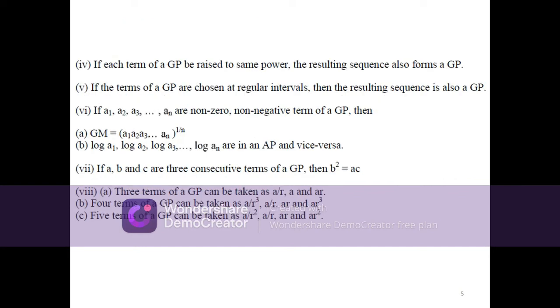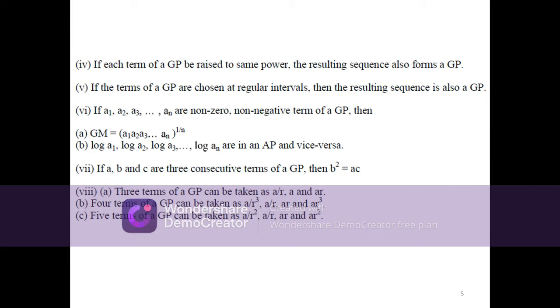If each term of a geometric progression is raised to the same power, then the resulting sequence also forms a geometric progression. If the terms of a geometric progression are chosen at regular intervals, then the resulting sequence is also a geometric progression.